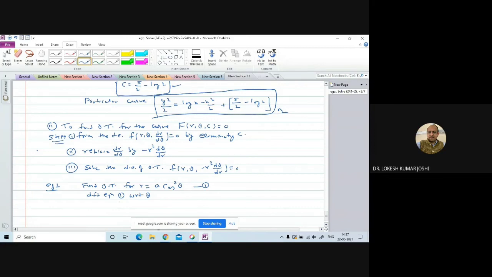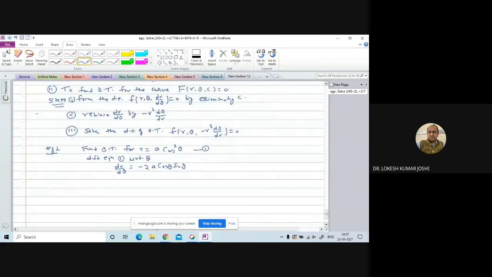We get dr/d theta equals, if we differentiate cos square theta, it becomes 2 cos theta, and the differentiation of cos theta becomes minus sin theta. Therefore, this is minus 2a cos theta sin theta. Now we see one arbitrary constant, this a, is there.